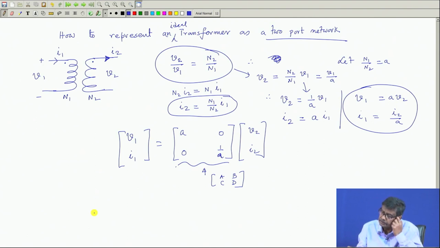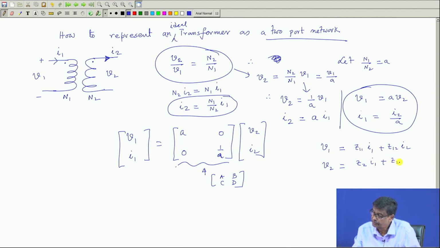To represent this transformer in terms of an impedance matrix, you have to write V1 and V2 in terms of I1 and I2. That is, V1 is Z11 I1 plus Z12 I2, and V2 is Z21 I1 plus Z22 I2.